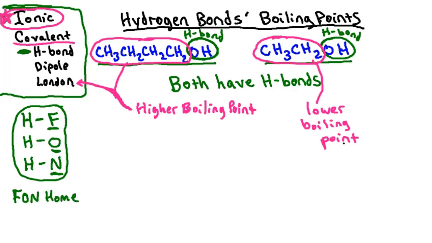But out of the covalent bonds, if we don't have any ionic bonds, then hydrogen bond is going to be the winner as far as highest boiling point.